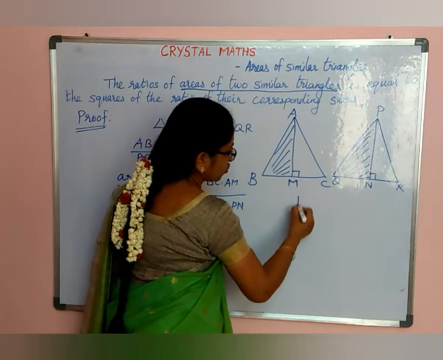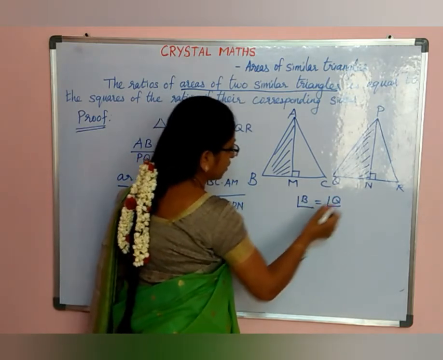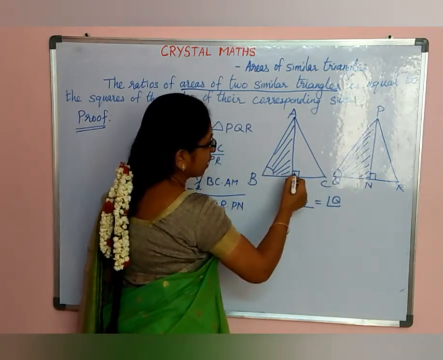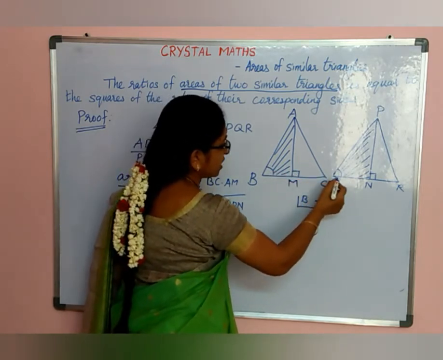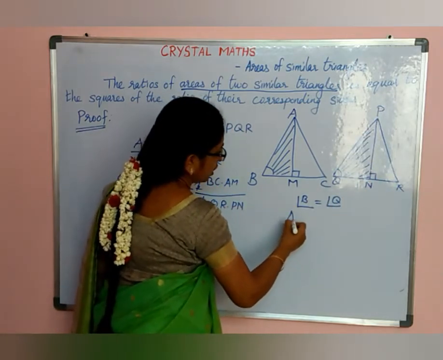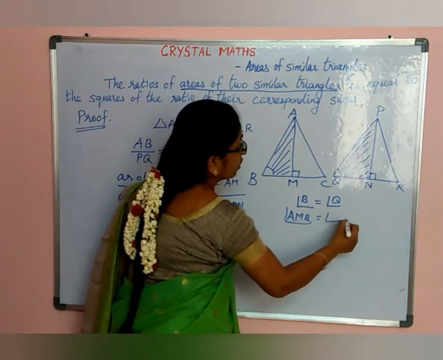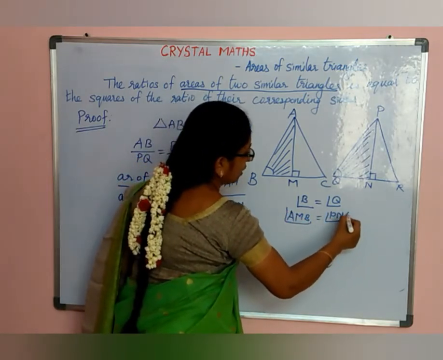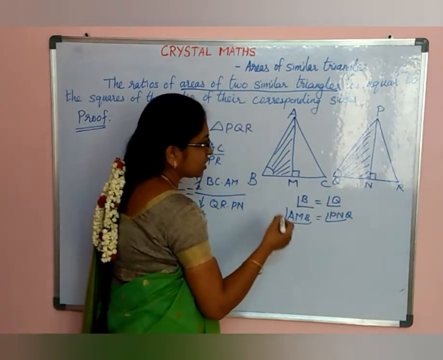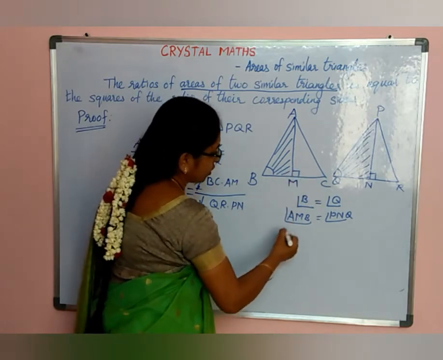As well, AM is perpendicular to BC and PN is perpendicular to QR, so angle AMB will be equal to angle PNQ. So, according to AA similarity, that is, two angles are equal, the triangles are similar to each other.